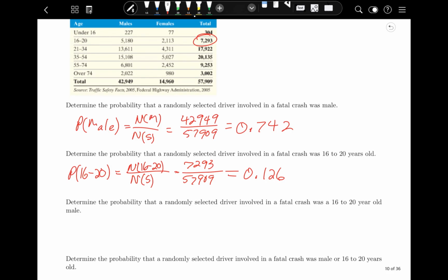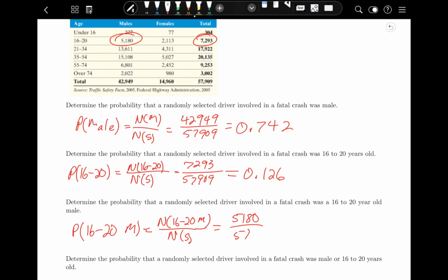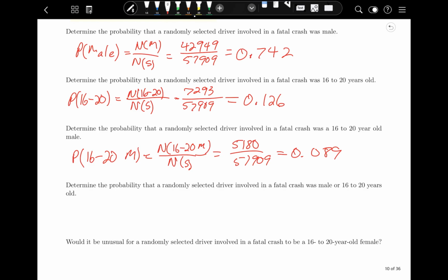Then it says, determine the probability that a randomly selected driver in a fatal crash was a 16 to 20-year-old male. That is the number of 16 to 20-year-old males divided by the total number in the sample space. So 16 to 20-year-old males is 5,180 divided by 57,909. So that's 0.089.